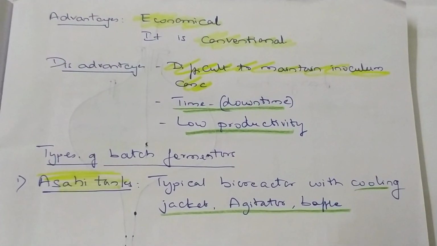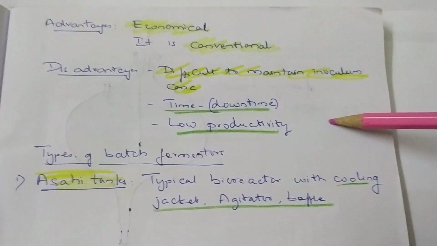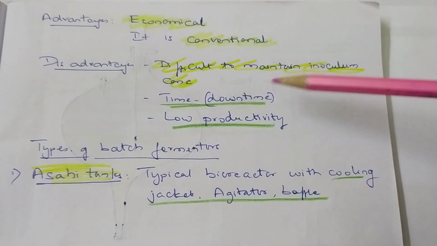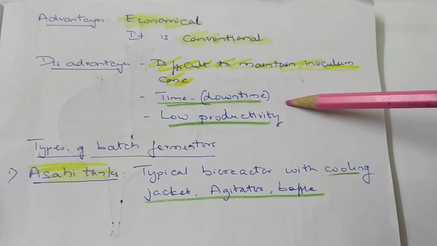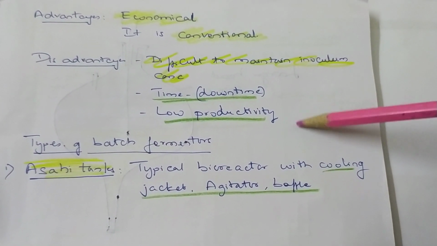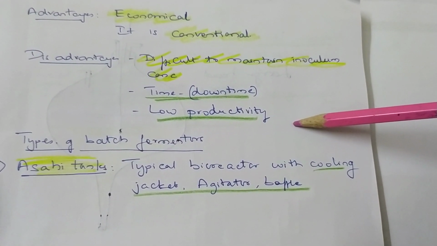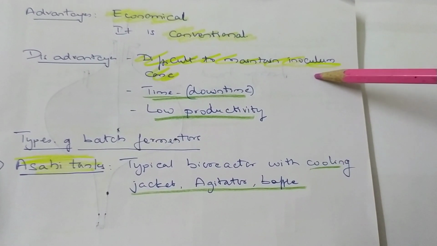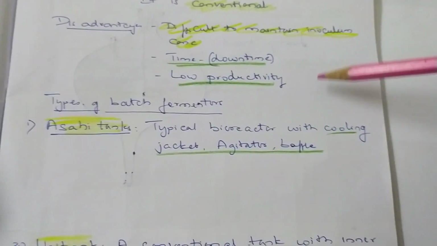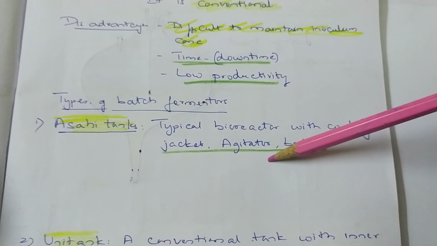Economical, more conventional, and there are not too many monitoring systems. Disadvantages: you have no specific time-bound process, there can be low productivity, and one has to decide whether to harvest because there can be some discrepancies in the production. It is also difficult to maintain the inoculum concentrations. What are the different types of batch fermenters?